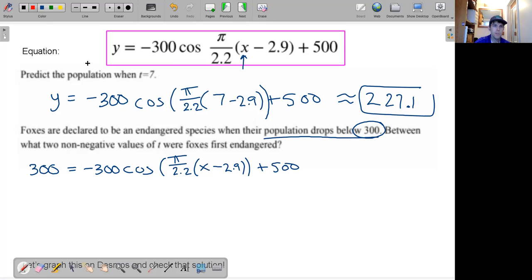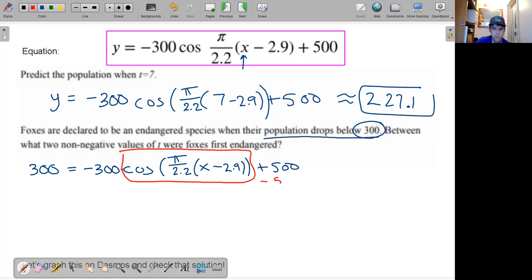One thing that's really important that people kind of forget is that all of this stuff is locked away. All these things in the parentheses are all part of what's inside the cosine function. So I'm going to need to get rid of this plus 500, and I'm going to need to get rid of this multiplication by negative 300 before I can really touch that cosine at all.